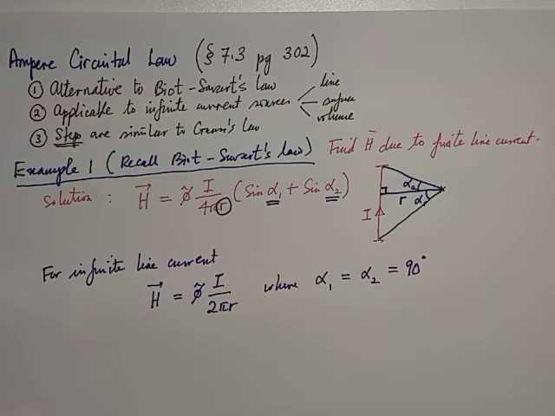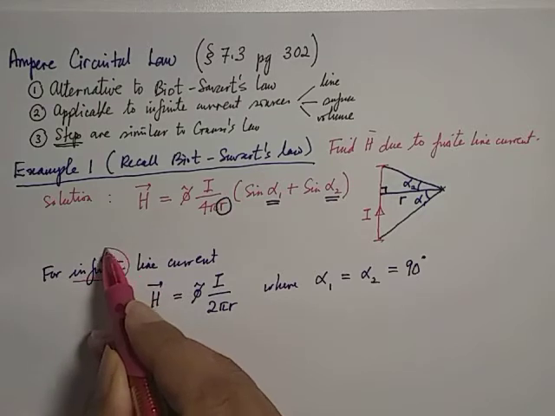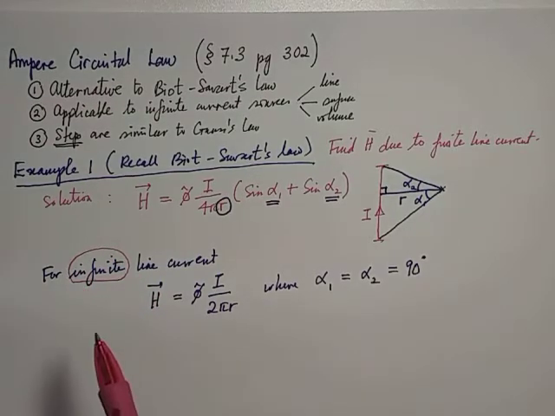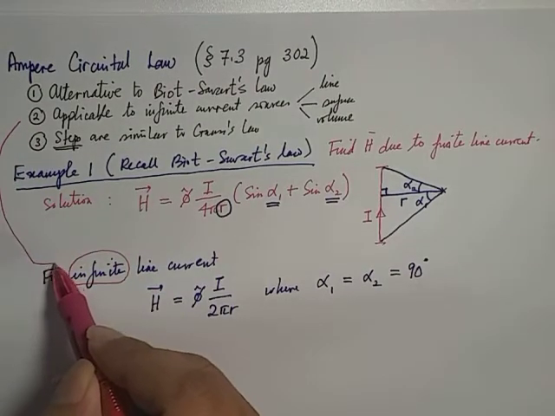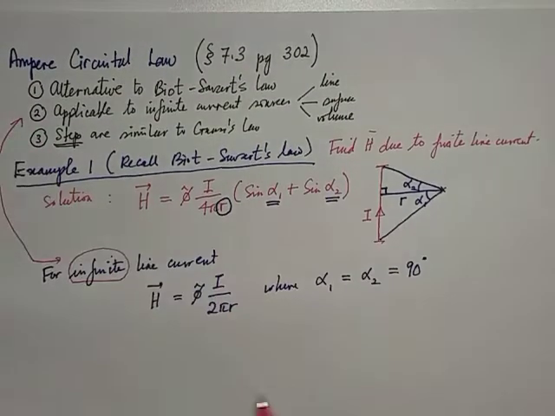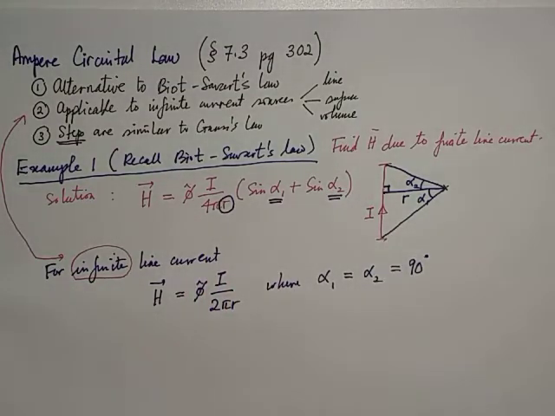So now, as you can see, infinite is our main focus now. Why? Because that should be related to the characteristic of current source that we can use ACL as the approach to find field.